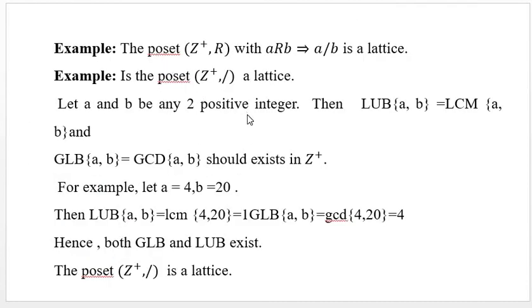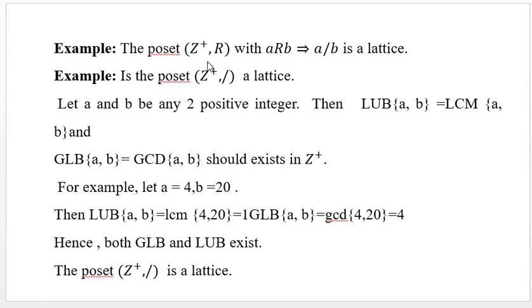Now consider another example. The poset given by the set of positive integers under the relation R defined as A R B implies A divides B is a lattice. Another example is the poset Z plus under division.